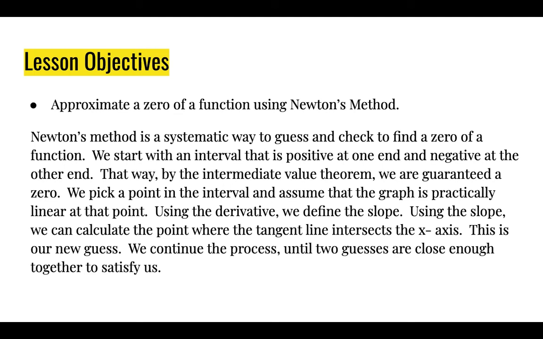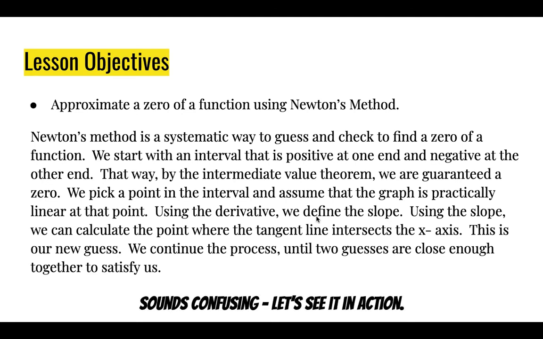So if one is negative and one is positive, there has to be a zero between those two endpoints. So that's where we're starting. We start with an interval, we make a guess, and then we use the derivative to find the slope, make a linear approximation, and use that to approximate our zero. And then we just keep going through this process until we get a good answer, right?